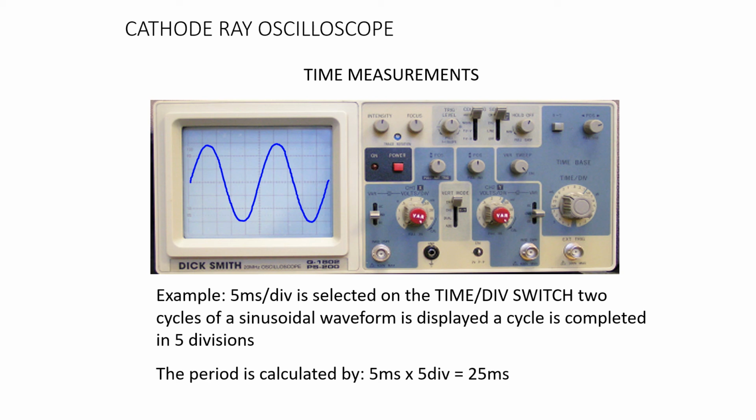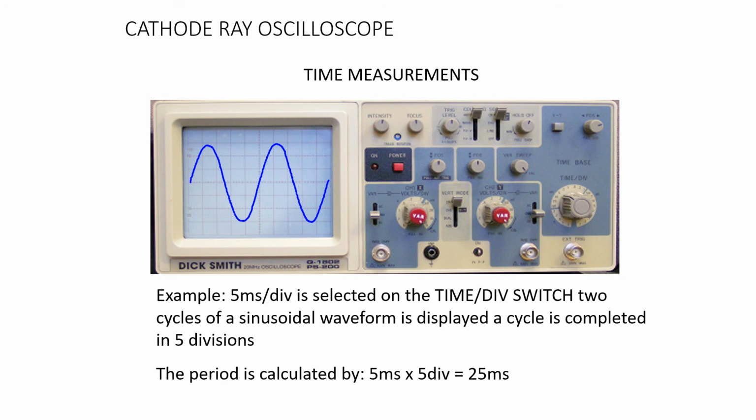It should not be tilted. So if it is in a tilted position, you adjust this trace rotation control so that the line is horizontal, not tilted. So these are the different controls of a CRO.